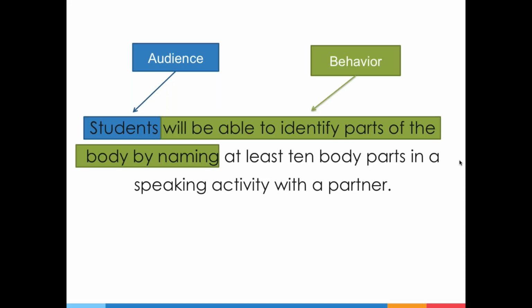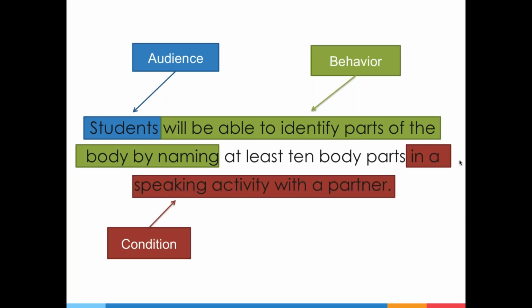I'm starting to understand what behavior is. It's the description of what the students will be able to do. And notice the verb choice here, identify. It becomes clearer in comparison to what we saw before with the word practice. By identify, we know that they have to be able to place what the body parts are.